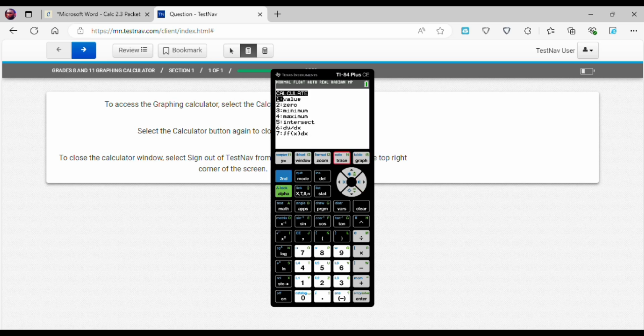Oh, by the way, I did second trace, and then 2. And then we want to select the point. Our left bound is a point above the x-axis, and then our right bound is going to be below the x-axis.